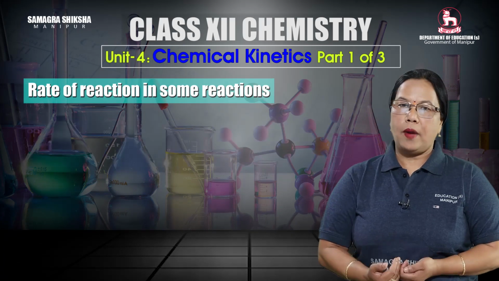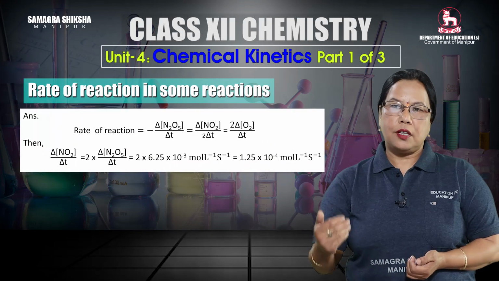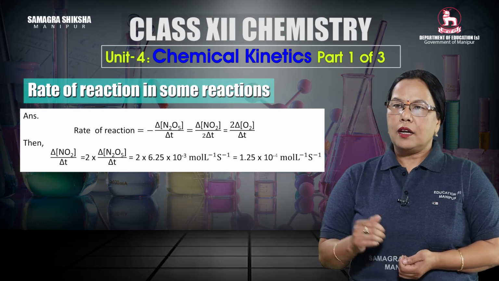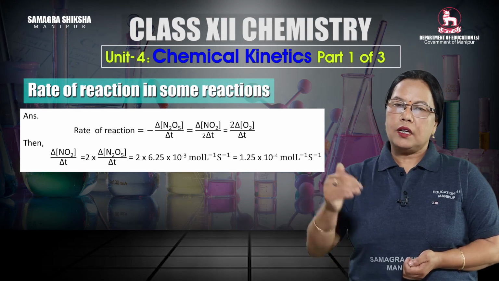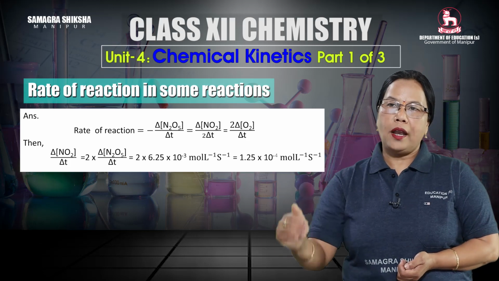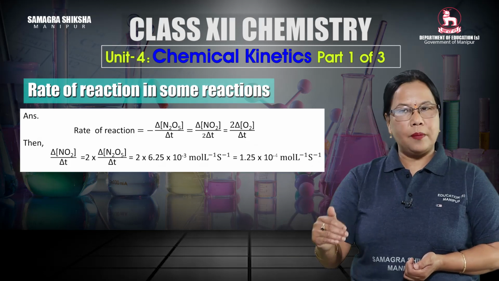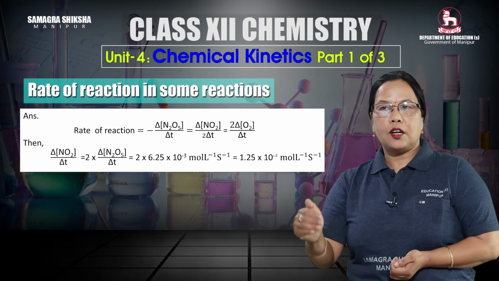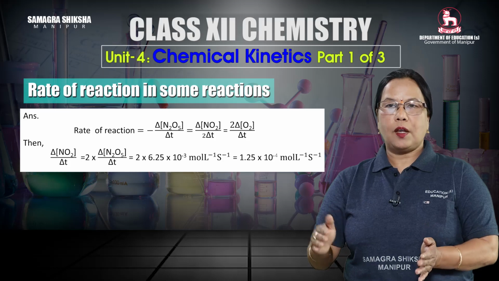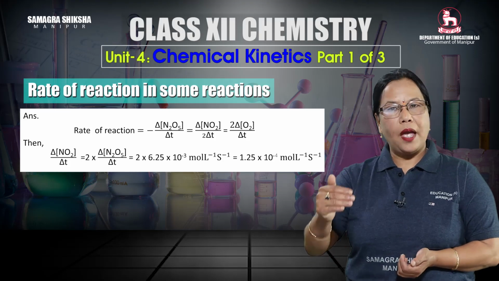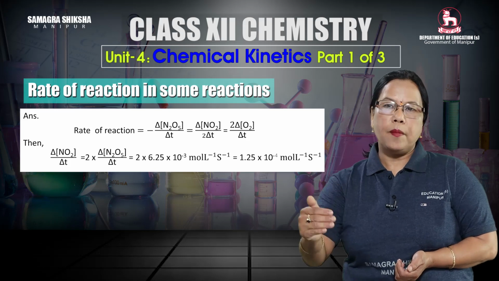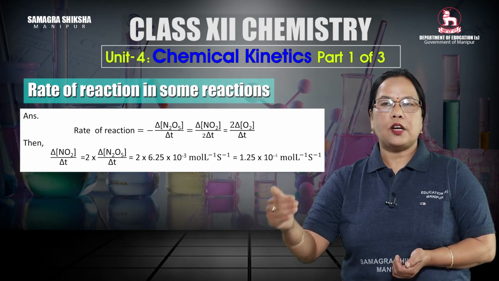First, we write the equation for the rate of reaction and rearrange it. Comparing nitrogen dioxide with nitrogen pentoxide, the rate of appearance of nitrogen dioxide is 2 times the rate of disappearance of nitrogen pentoxide.